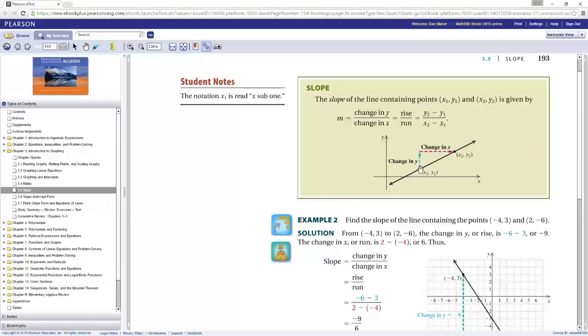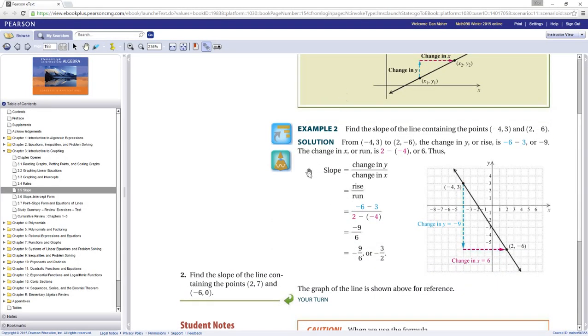So when I go from this point to this point, I go up this much, that's a change in rise, and I go over this much, that's a change in run. Rise over run. Here's how you do it with the coordinates. It's the difference of the Y coordinates over the difference of the X coordinates. Difference means the answer to a subtraction.